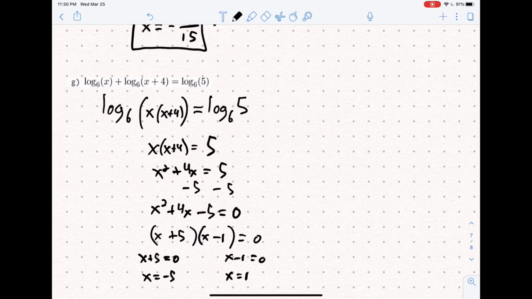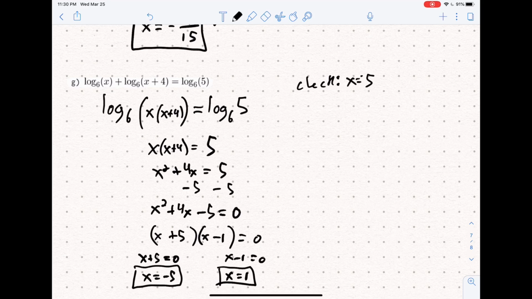Okay. We have two answers here, which is great, but we need to be careful that when we plug these answers back into our original equation, we don't end up taking the log of anything negative. So let's just check them. We're going to check first x equal negative 5.